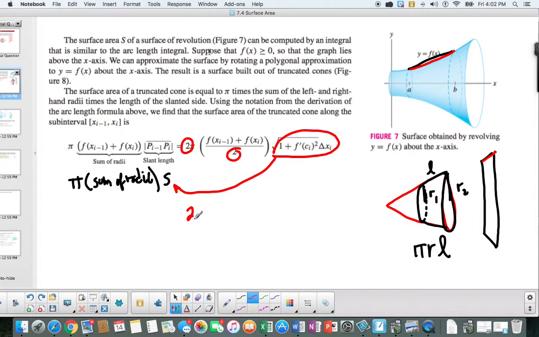So this is going to be 2 pi, and this is the average of the radii, so we'll call that r. R, the radius, will be the average of these two, times the arc length right here. So that's the format we're going to be using to find the surface area.